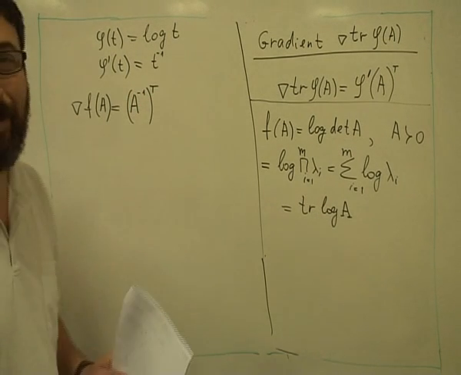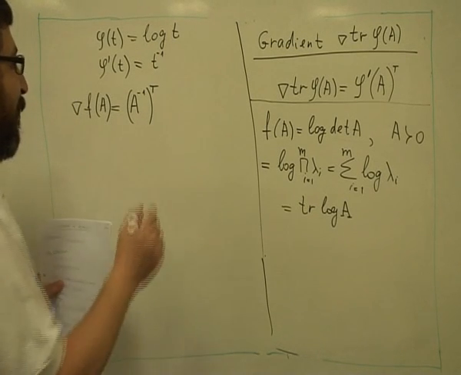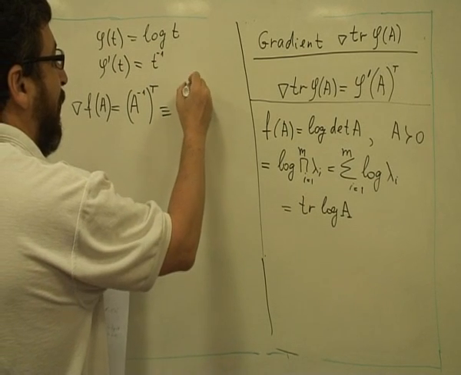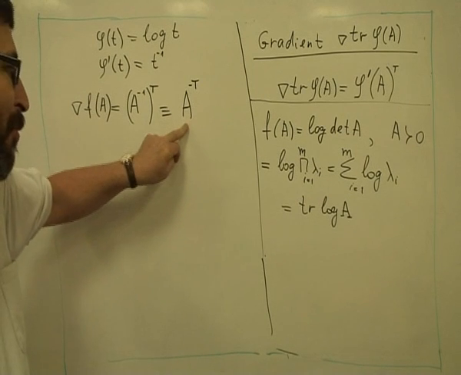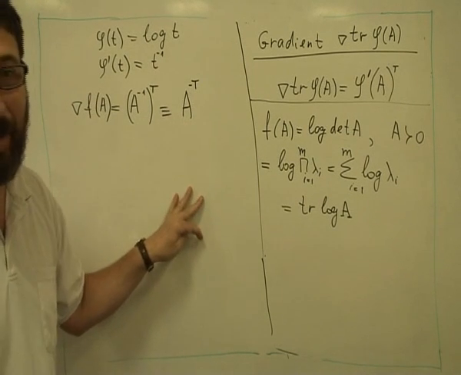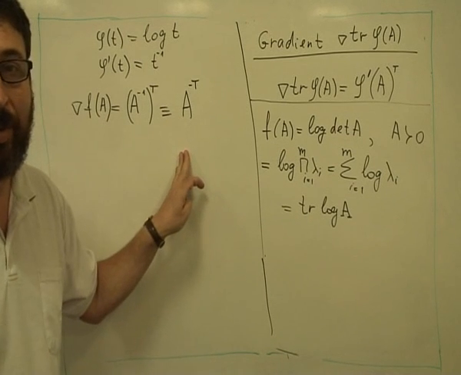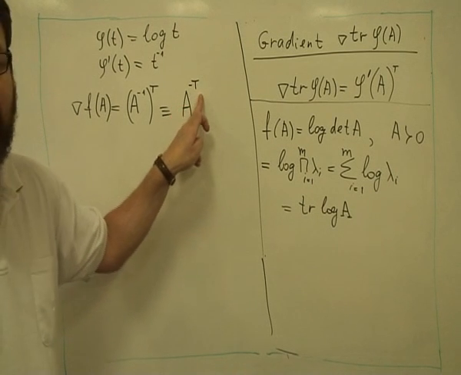This is the formula we will need. Sometimes people use the short notation A to the minus T to take the inverse and the transpose. And for our goal, this formula is even more general than we need, because we will work with symmetric matrices, so we will not need the transpose.